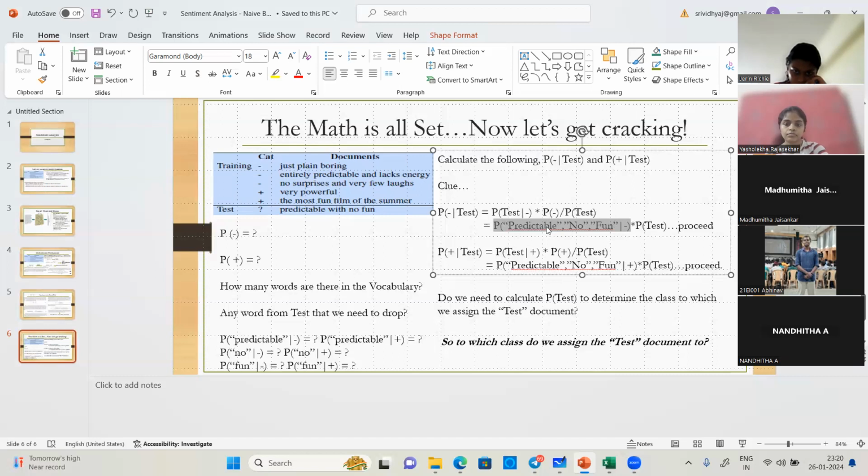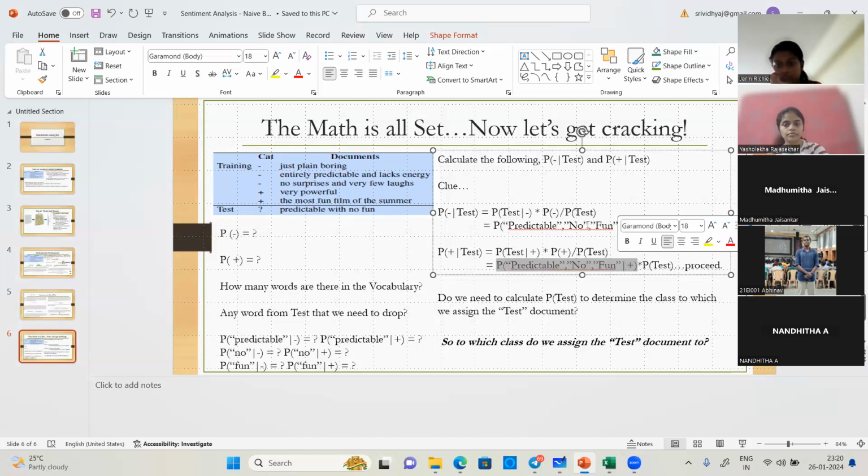So if conditional independence holds true, how can I split this? Predictable given negative, no given negative, fun given negative. Exactly. Multiply all three. Likewise, I can do something similar here. Predictable given positive, no given positive, fun given positive. Multiply all three. All right.